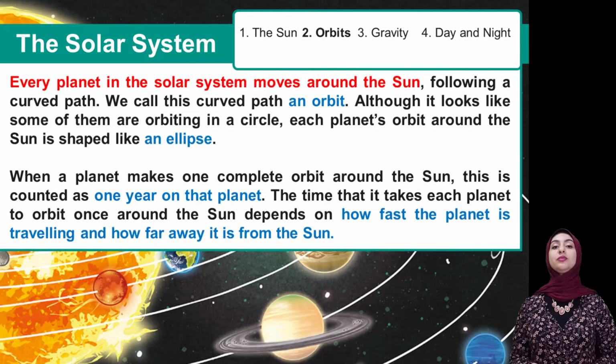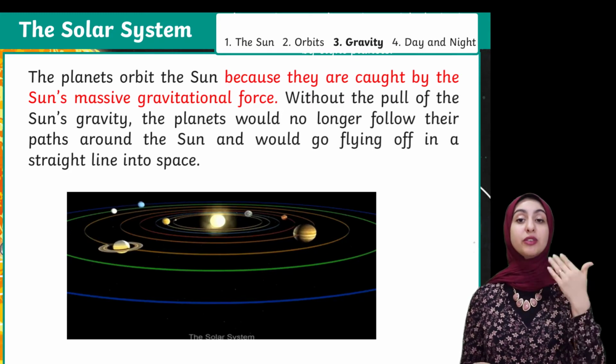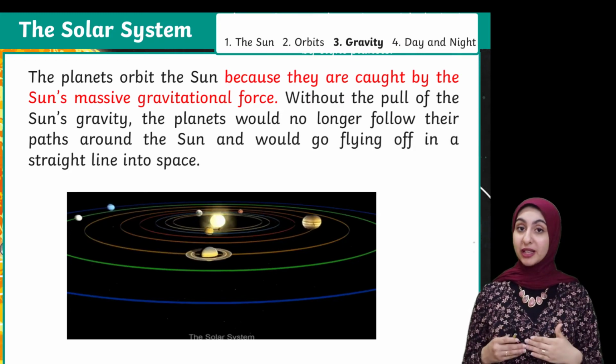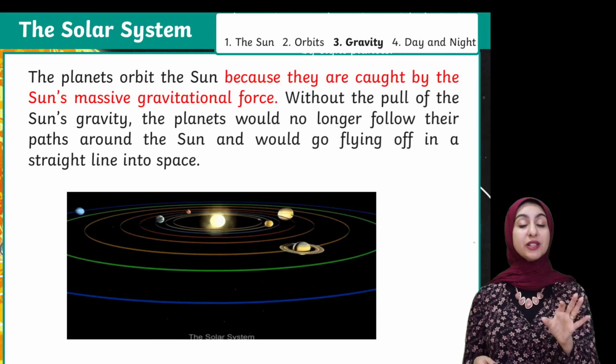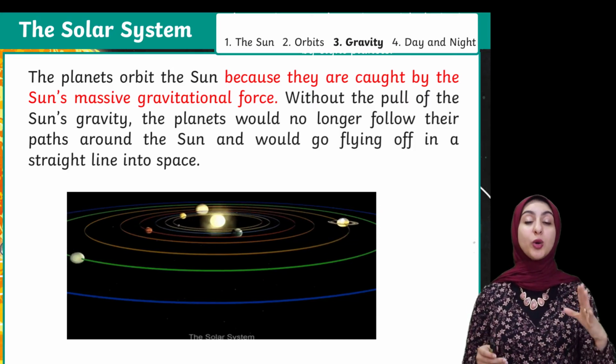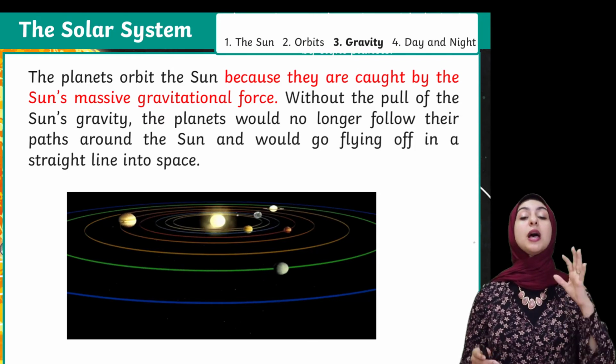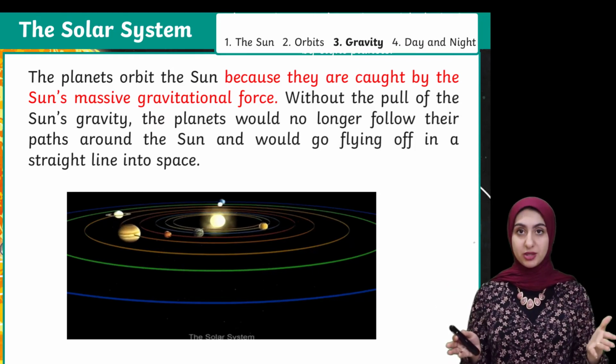Now we are going to talk about the Sun's massive gravitational force. From grade 6, you know that gravity is a force, right? The planets orbit the Sun because they are caught by the Sun's massive gravitational force.